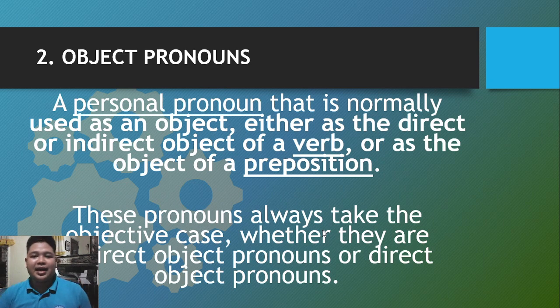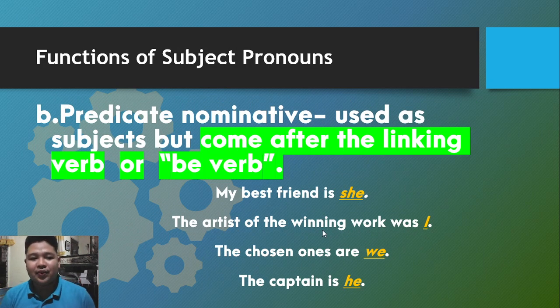Whereas the next function, the predicate nominative, is used as a subject but comes after the linking verb or be verb. Let's talk about one example here. My best friend is she. The subject pronoun here is found after the linking verb, such as is, are, was, were, or am.